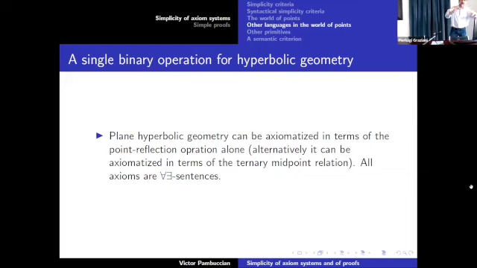So only with this notion, you can write your whole axiom system, and the axioms are all universal existential. If you don't like operations, you can replace this sigma by the midpoint operation. It's a ternary operation that says that M of ABC means that B is the midpoint of AC. And that also works.